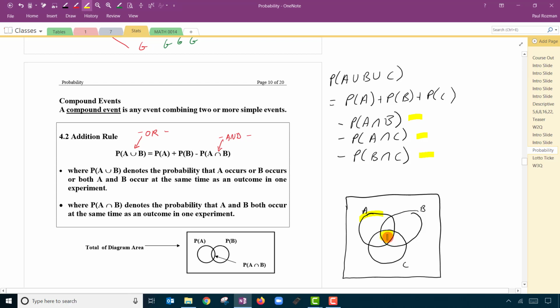So now it's not even being counted. So I need to add it back in. So you can see how this formula gets really nasty when you get to 4 or 5 or 10 statements.